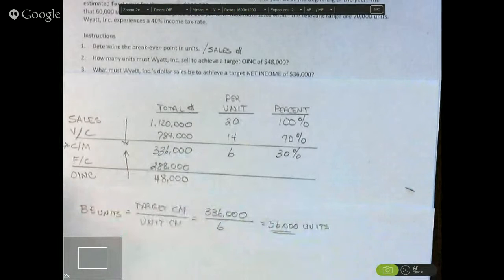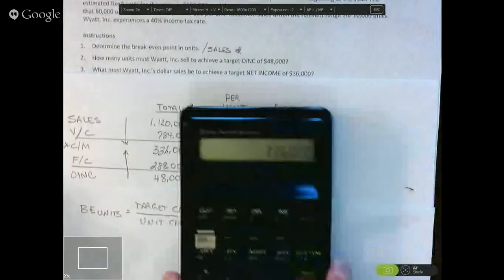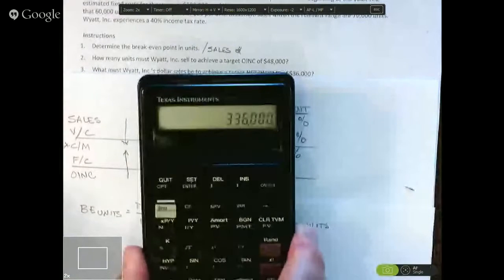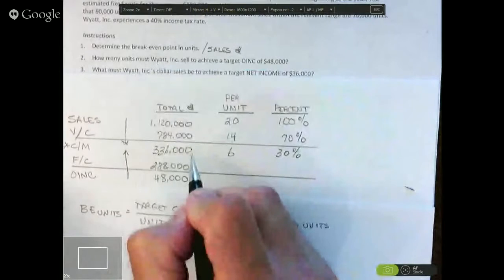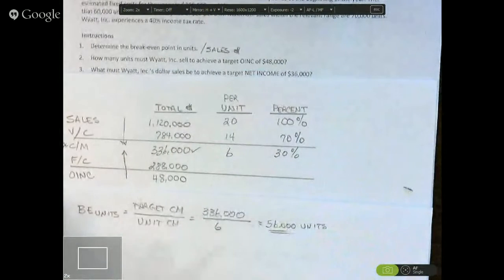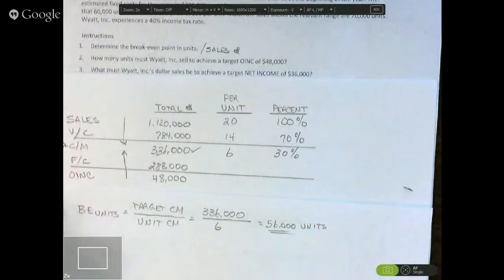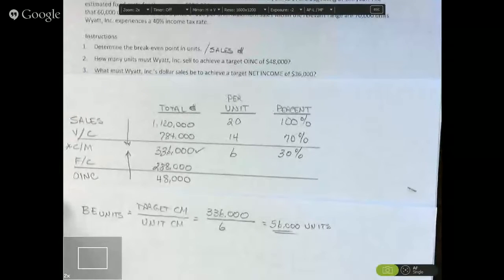Let's take the sales of $1,120,000 and deduct the variable costs of $784,000, and when we do that, we can see in fact that we get the contribution margin of $336,000. Okay, so that takes care of the second item that we want to go over, calculating a target profit using the same type of cost volume profit approach.